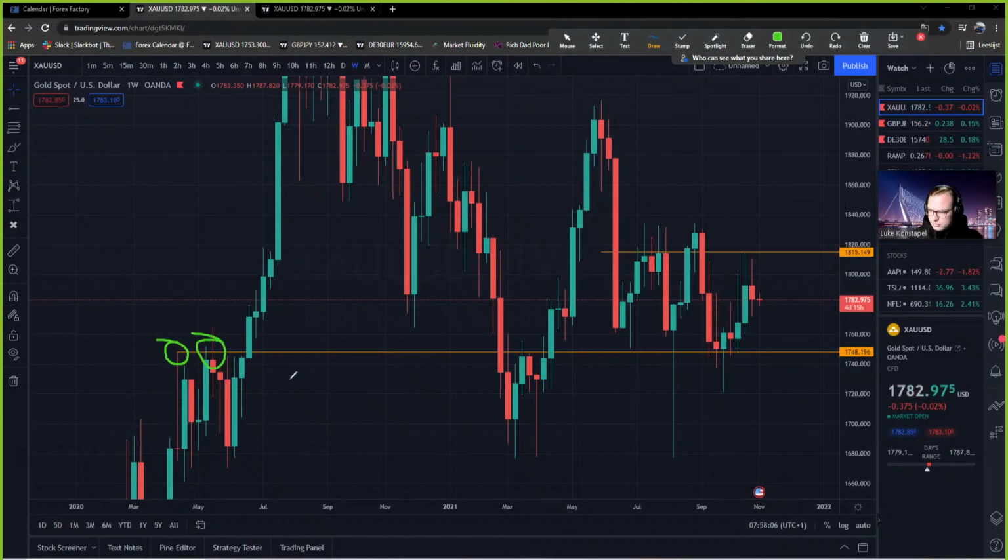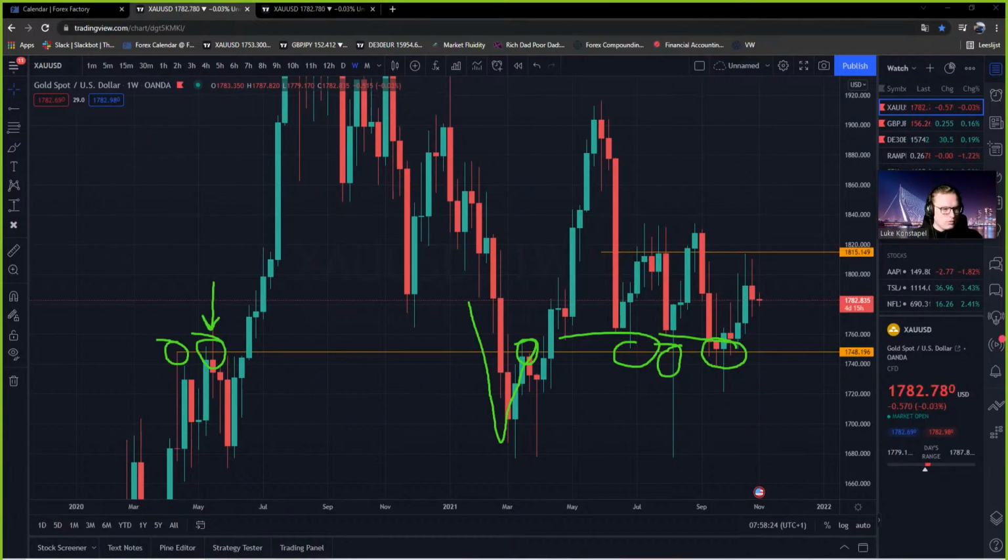We have a resistance created over here with also some rejection right here. Didn't make it over here. Pushed through over here. Came back up. Created resistance. Continued further again. Rejected away from it. Rejected away from it. And then have a support created on top of it. So we have an important zone over here we have to be careful for.